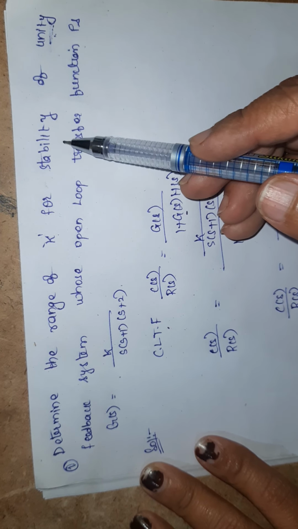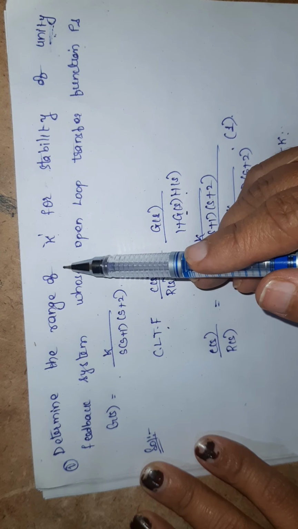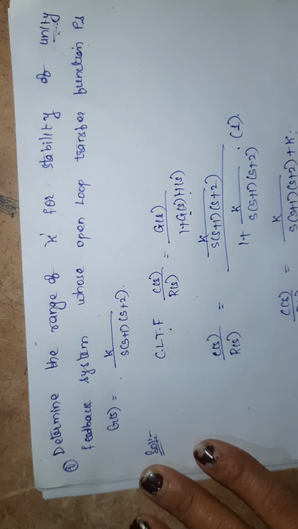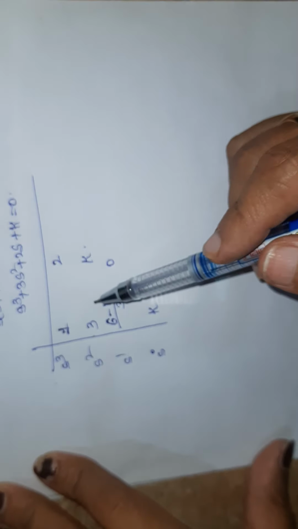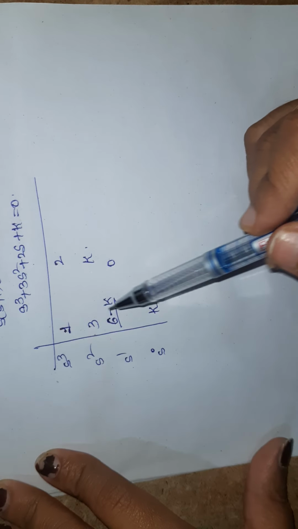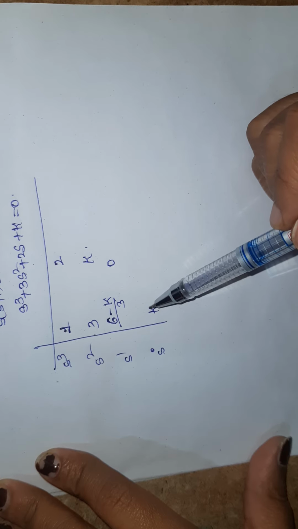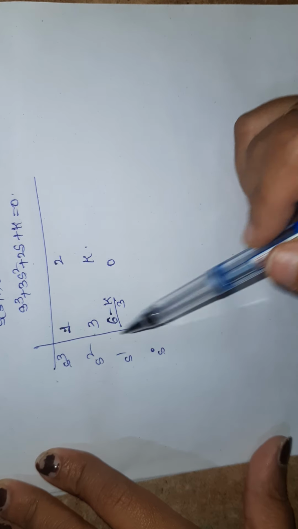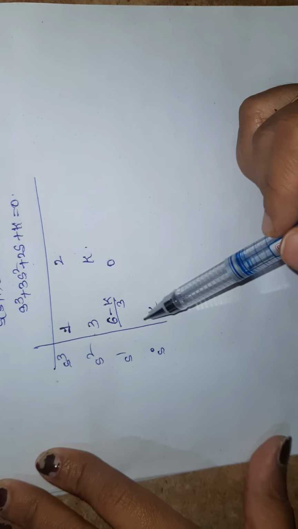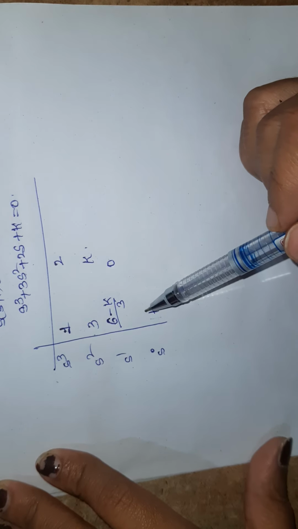For the system to be stable, the first column of the table should have values greater than 0, that is, positive values. The first column should have only positive quotients, and only then is the system stable.